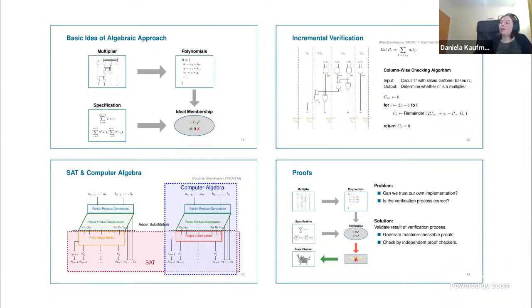When you add further variables, I don't think that this cancellation immediately happens, and then I guess the verification remains too hard because the polynomials grow too much. That's kind of my intuition about that.